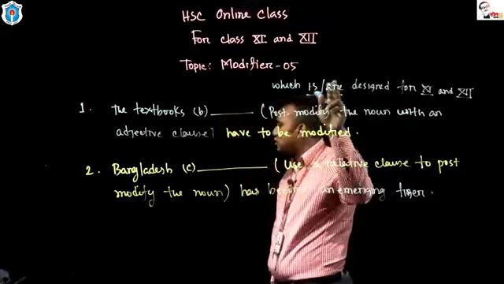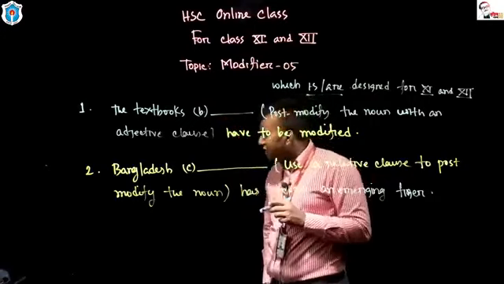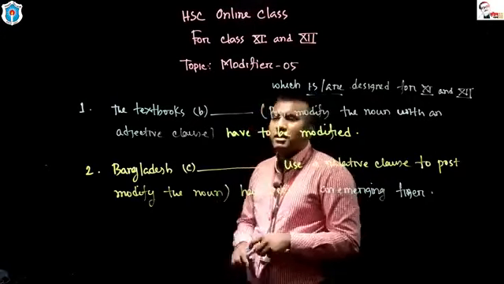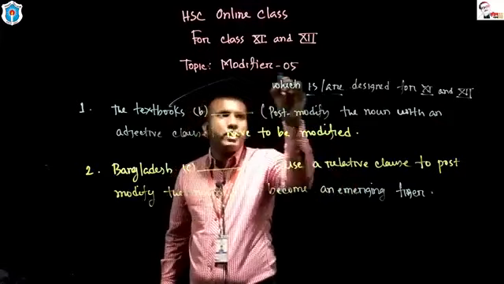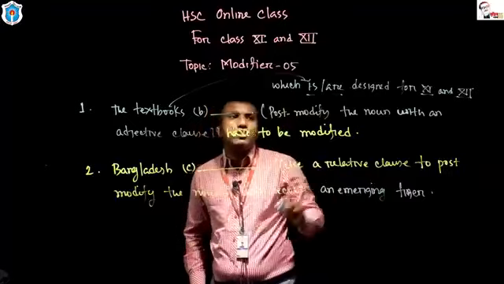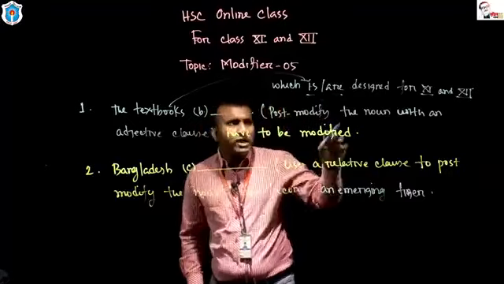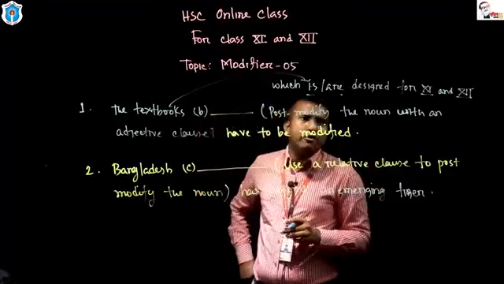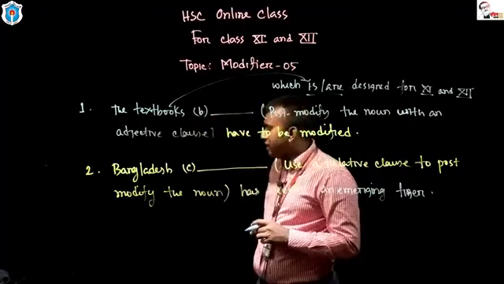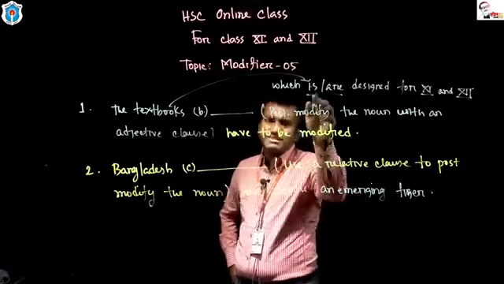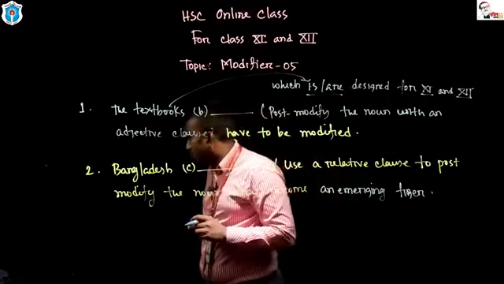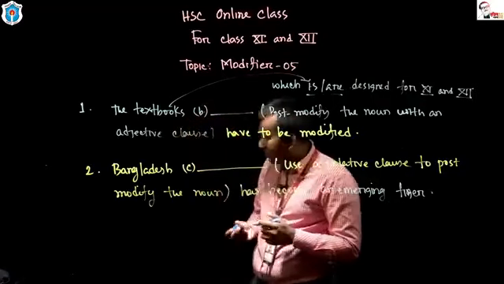Should I use is or should I use are? If you take is, your answer will be incorrect, because there will be no agreement between textbooks and is. Textbooks is a plural noun. That's why you have to take the textbooks which are designed for class 11 and 12 have to be modified. Okay. Whatever you write must be balanced according to the textbooks. Clear to you, my dear students?